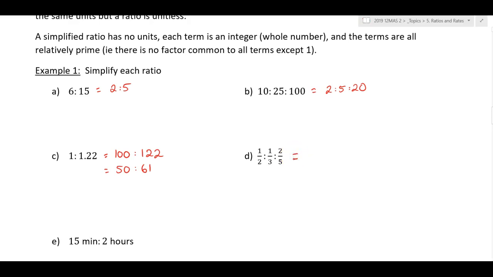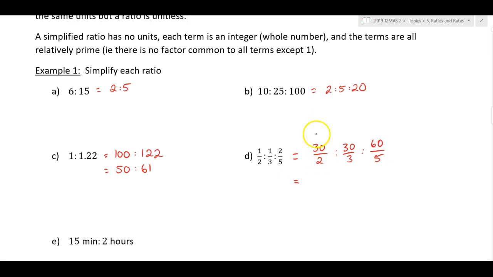So remember, my number is 30. So I've got 30 over 2, 30 over 3, and now it's 30 times 2, so 60 over 5. Now, I can simplify those fractions.